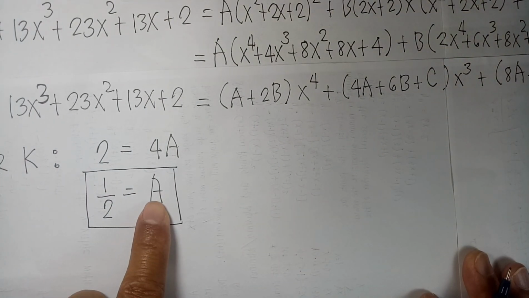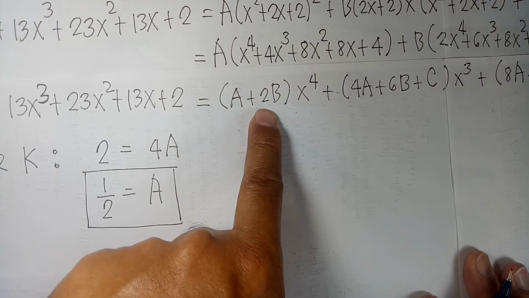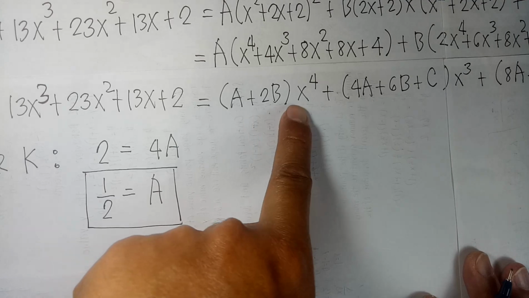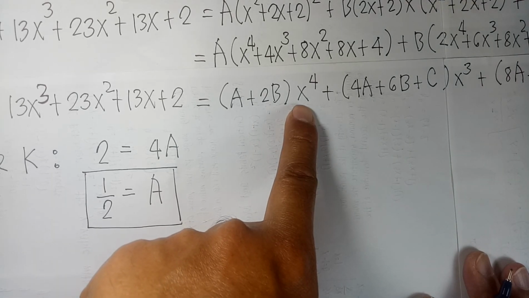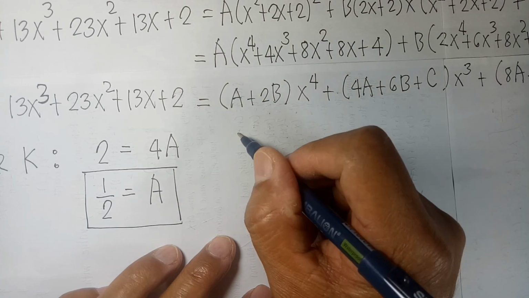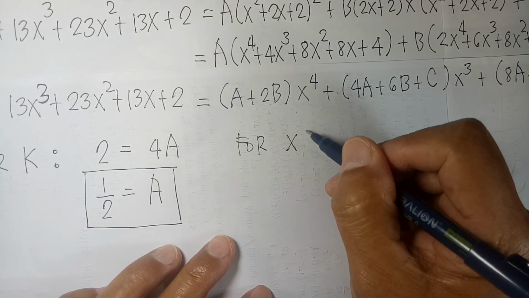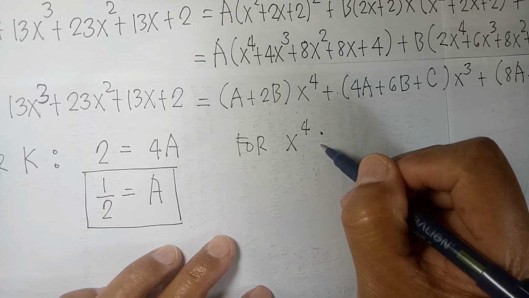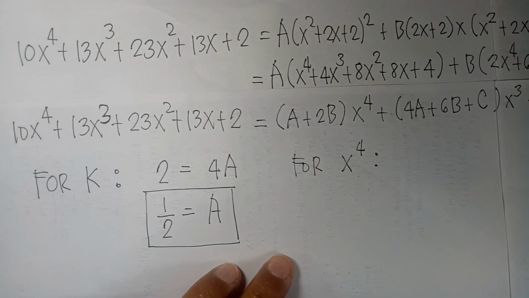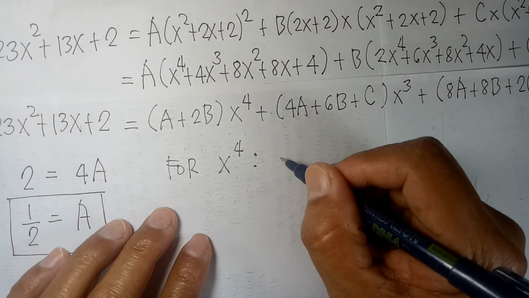So, dahil may a na tayo, pwede nating ma-solve yung value ng b natin using the coefficients of x to the 4th. So, for x to the 4th, sa kaliwa, meron tayong 10.